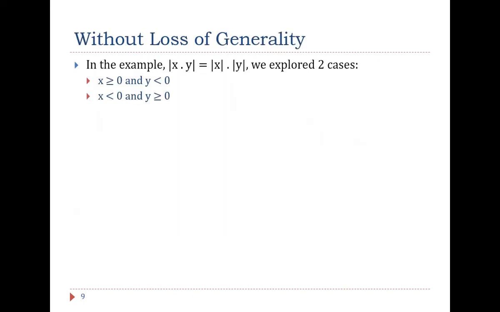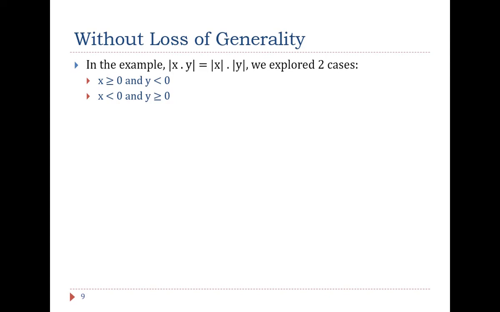Without loss of generality, like we already talked about. For instance, here when you have to check the case where x is positive and y is negative, honestly, this is exactly the same as checking the case where y is negative and x is positive. It's simply the case where they have opposite signs. Without loss of generality, we have to prove it for only one of them.